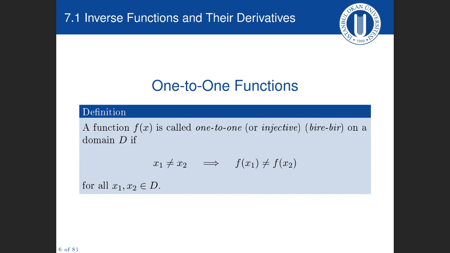In terms of the equations, a function f is called one-to-one or injective on a domain D if this rule is true. Anytime we have 2 different numbers, x1 and x2, we must always have that f of x1 is different from f of x2. That's the same as saying two different arrows point to two different numbers.